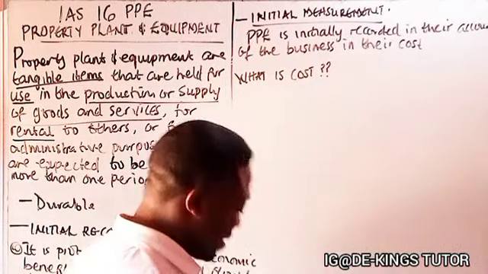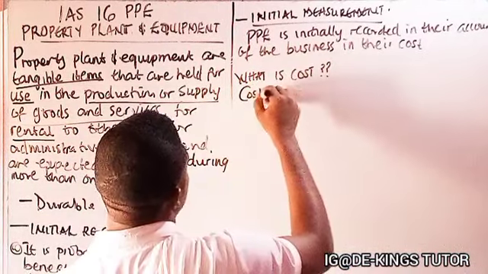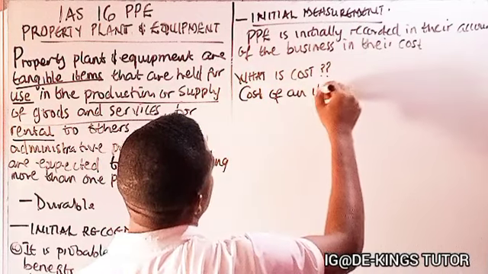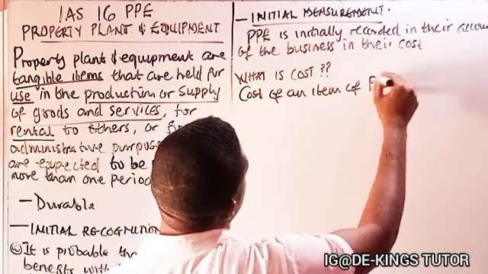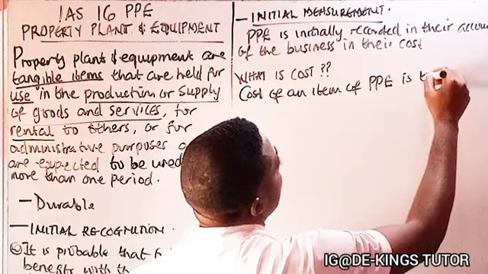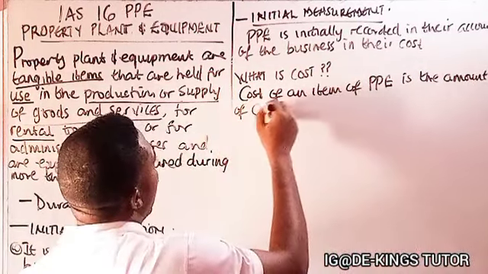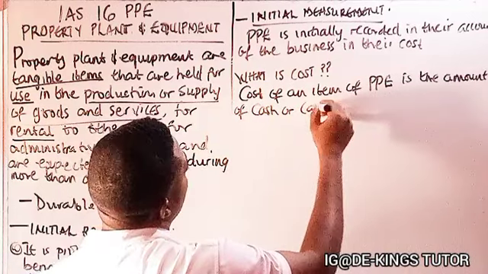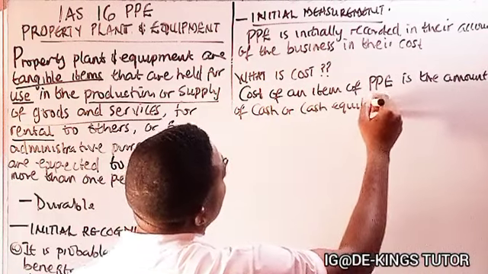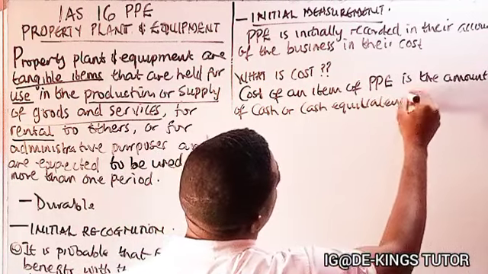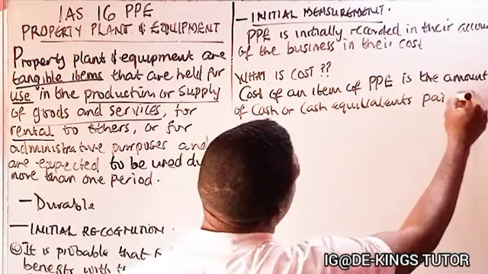Okay, so we can say the cost of an item of PPE is the amount of cash or cash equivalent paid.